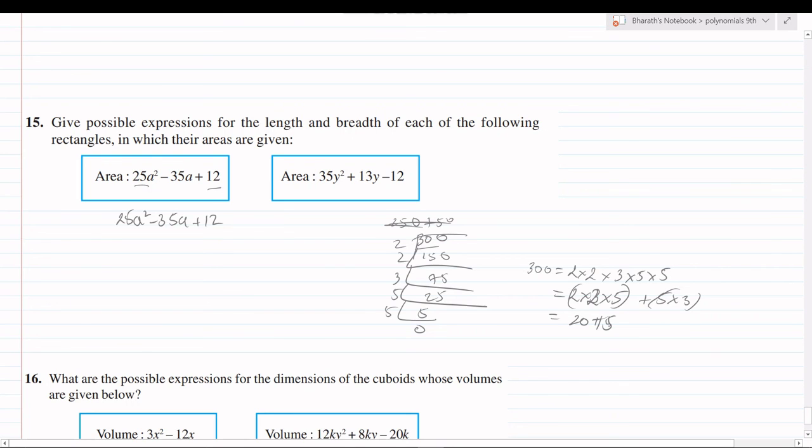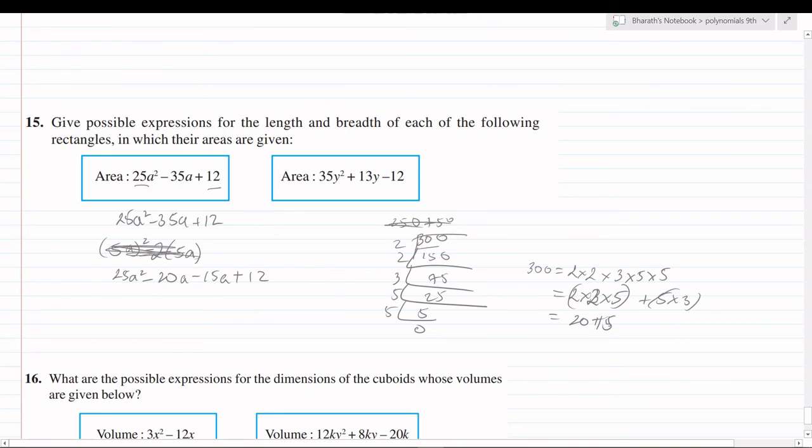Now sort out. 25a square minus 20a minus 15a plus 12.